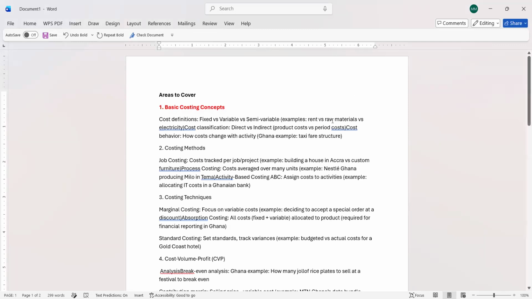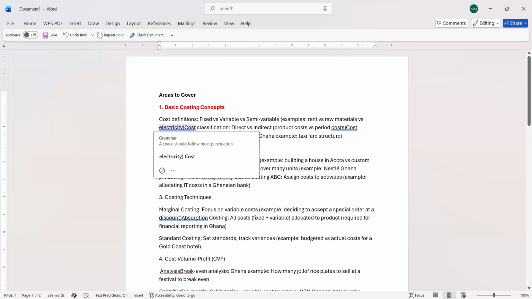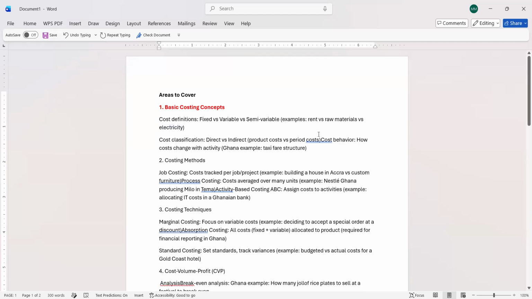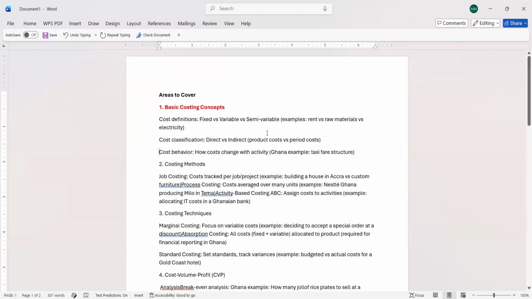You also learn cost classifications. Some costs are fixed, so irrespective of changes in output, they do not vary. But some costs vary as output changes.